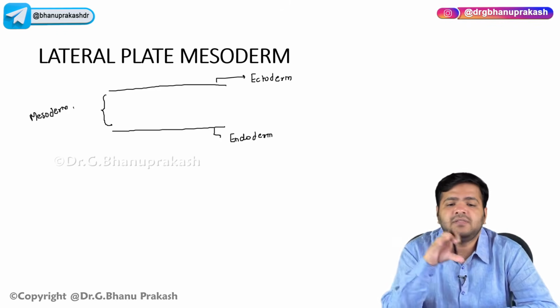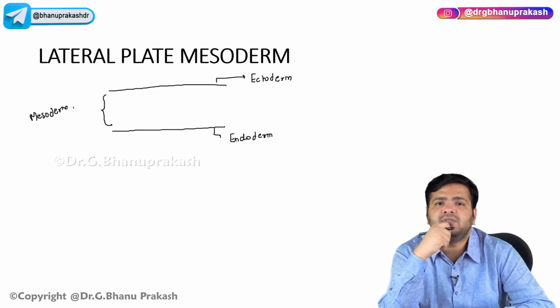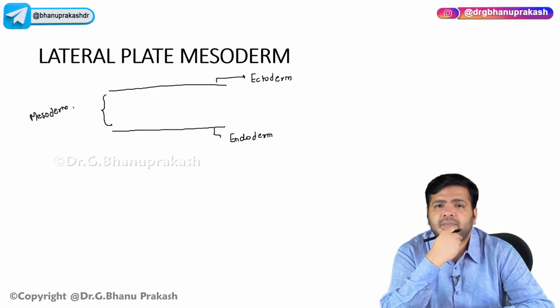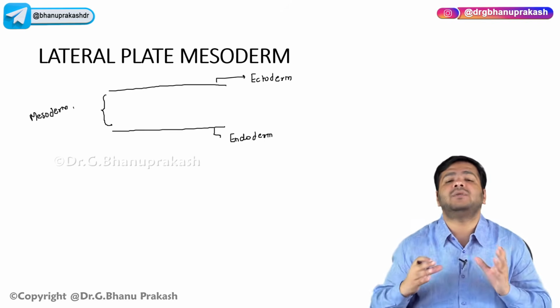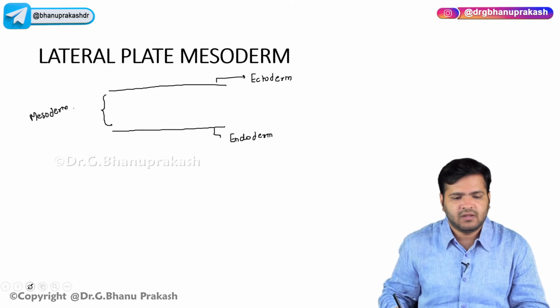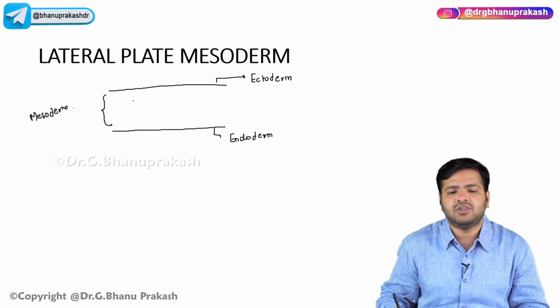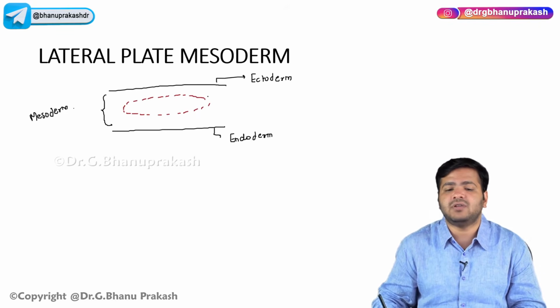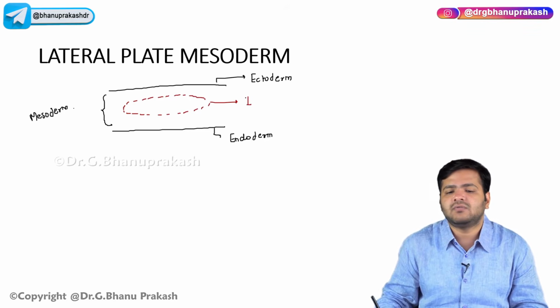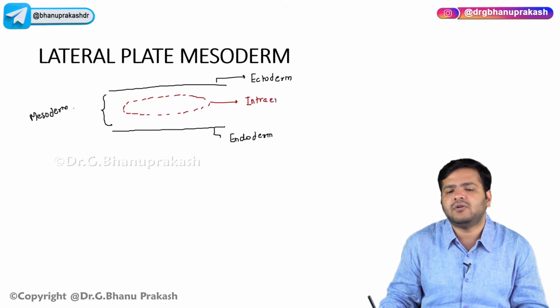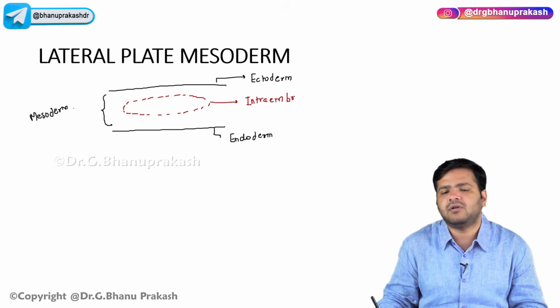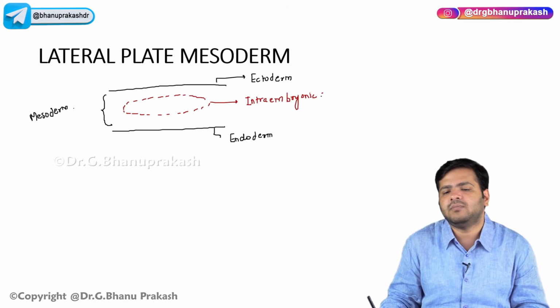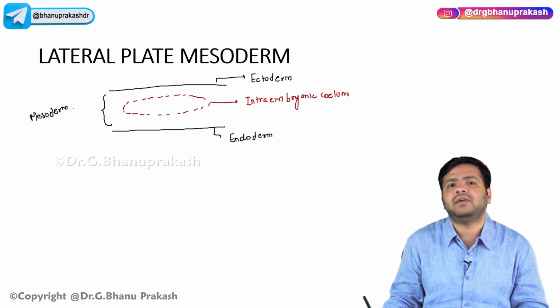Right? Now specifically, if I'm talking about the lateral plate mesoderm, the mesoderm on the lateral side, what will happen? There will be a formation of coelom over here, and this coelom is called the intraembryonic coelom, right?